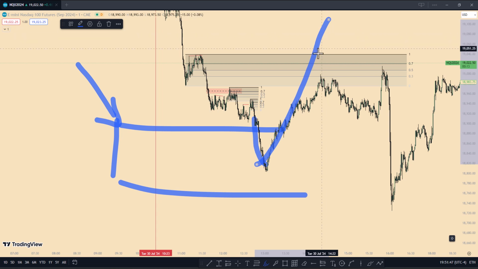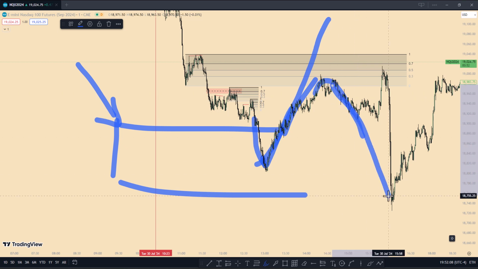Don't assume that. Always, the first idea that comes to your mind when we tap into an old zone, it doesn't matter if it is a 4-hour or a daily zone, the first assumption that you should make is this is only a pullback into a previous zone and then maybe looking for another expansion, right?